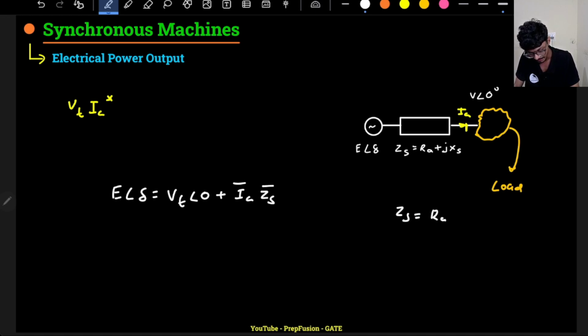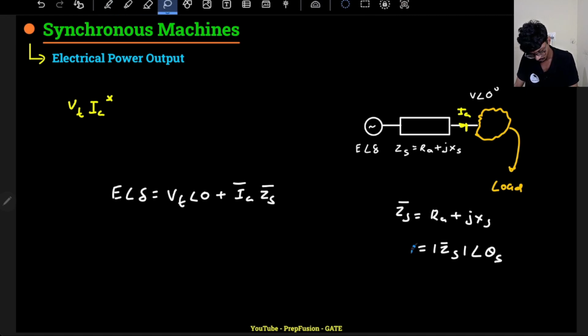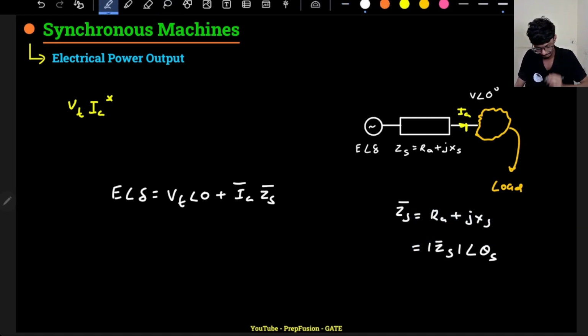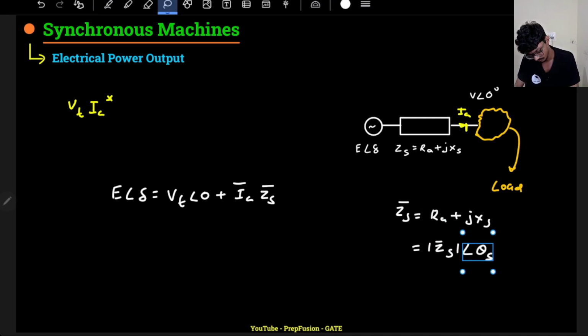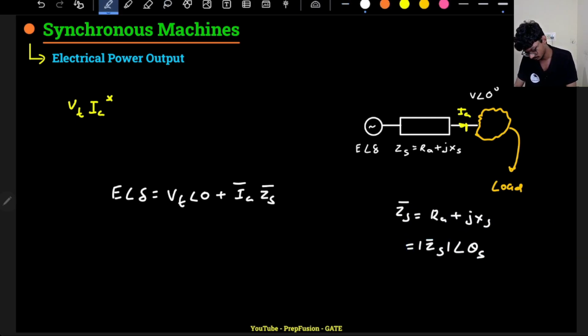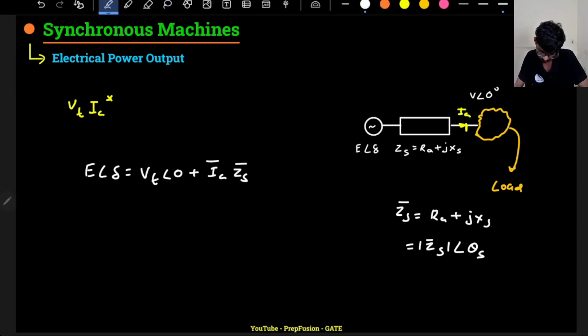Zs is basically Ra plus jXs, or I can write it in vector format as magnitude of Zs angle theta s.